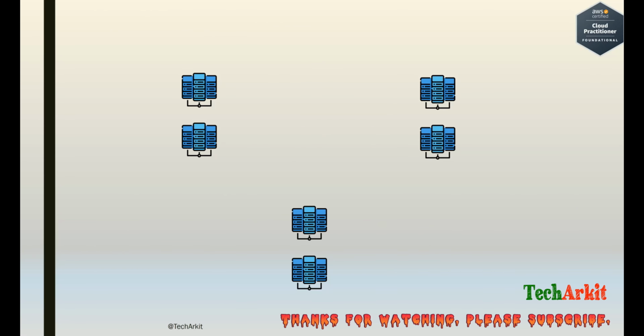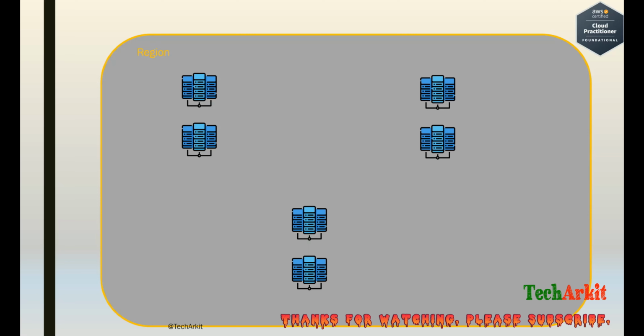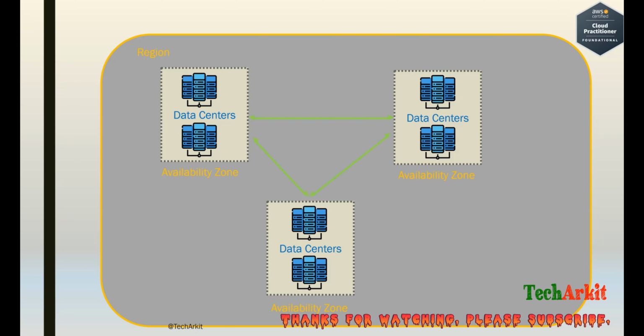You have a region, which is a geographical location, something like Mumbai in India. In a region you have many availability zones, and an availability zone is a combination of multiple data centers.